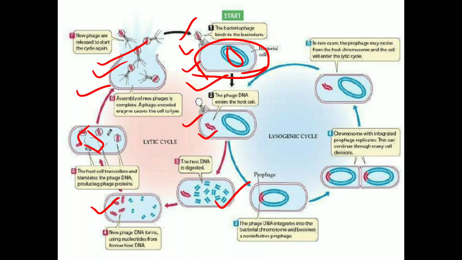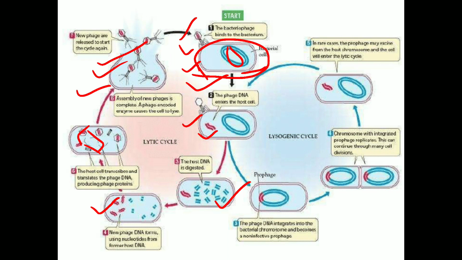The next one: due to the opening, or disintegration, of the cell wall of the bacteria, the viral DNA present inside the bacteriophage, that red colored viral DNA, enters inside the bacterial cell. Then the third one is the injection.